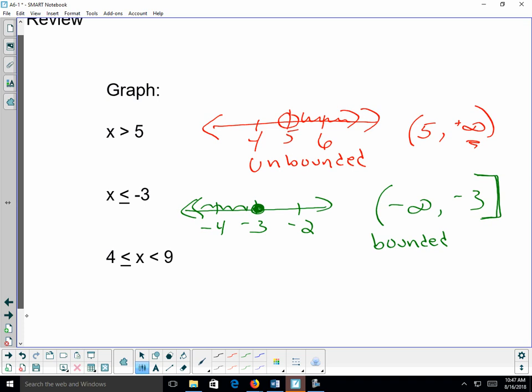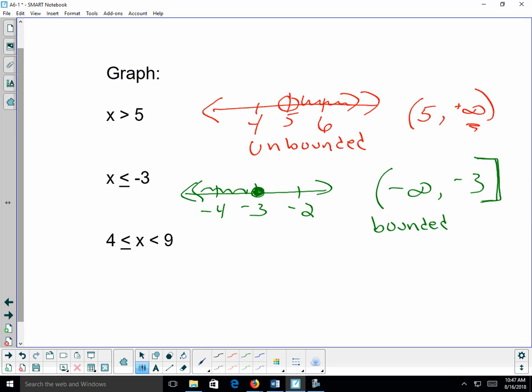For the next one, I have x, and I'm comparing it to two values. When I go to do 4, I'm going to have the number to the left and the number to the right. And then when I have 9, I'm going to have the number to the left, the number to the right, and then I'm going to go ahead 6, 7, 8, 9, 10.